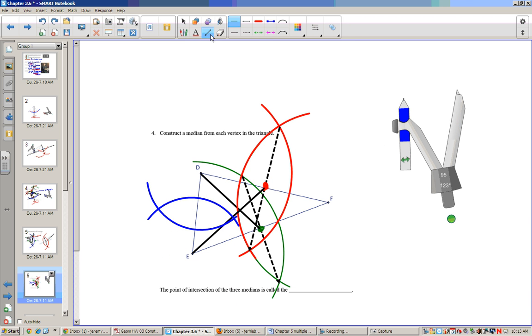Now where those intersect, I'm going to make my dotted line. And finally, my solid line is going to go from F to that midpoint. Now, hopefully, in your drawing, you have a point in the middle here where all of those meet. Since these are medians, it is called the centroid.